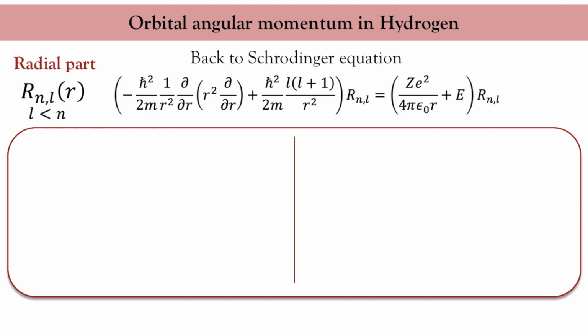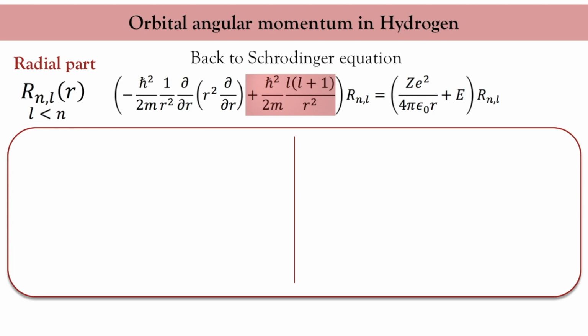Notice now that the operator of orbital angular momentum can be written explicitly in terms of the orbital quantum number L. So in other words, I replace the L squared operator by L times L plus 1. And what we see straight away is that the orbital quantum number contributes to a repulsive potential. The higher the orbital quantum number is, the more repulsive the potential.